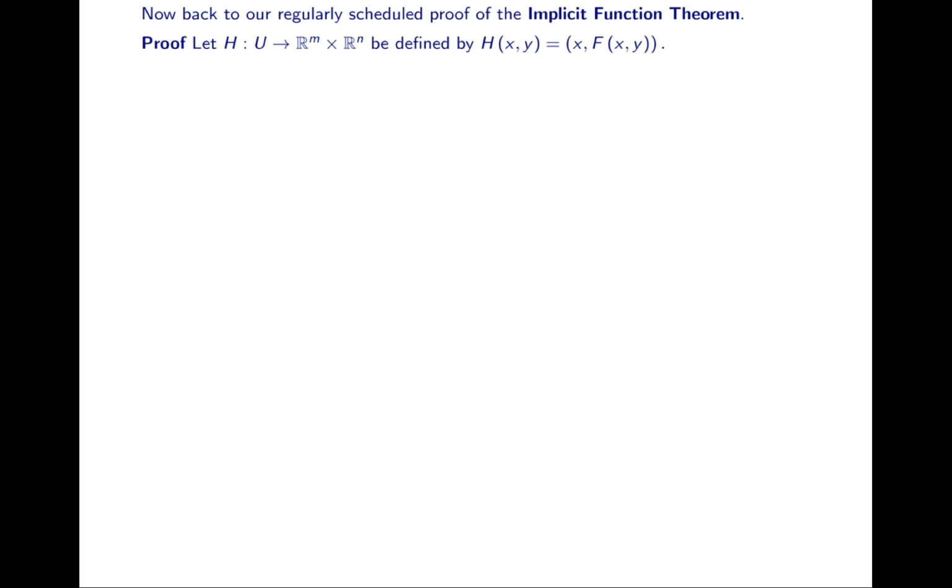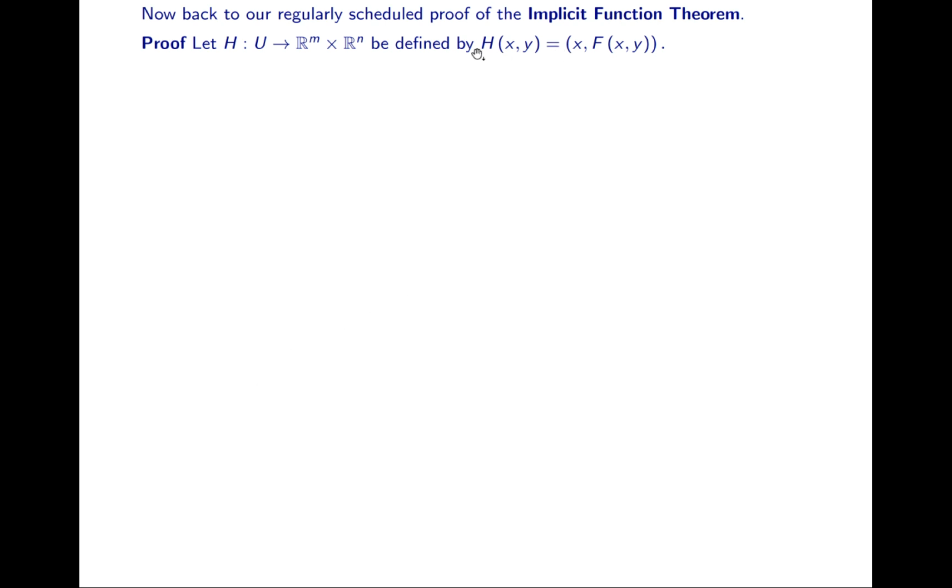So again, we're going to use this auxiliary function h. h maps U, and remember U is the domain of f. So U is an open subset consisting of ordered pairs of vectors in Rm by Rn, and it's going to map to ordered pairs of vectors in Rm by Rn.